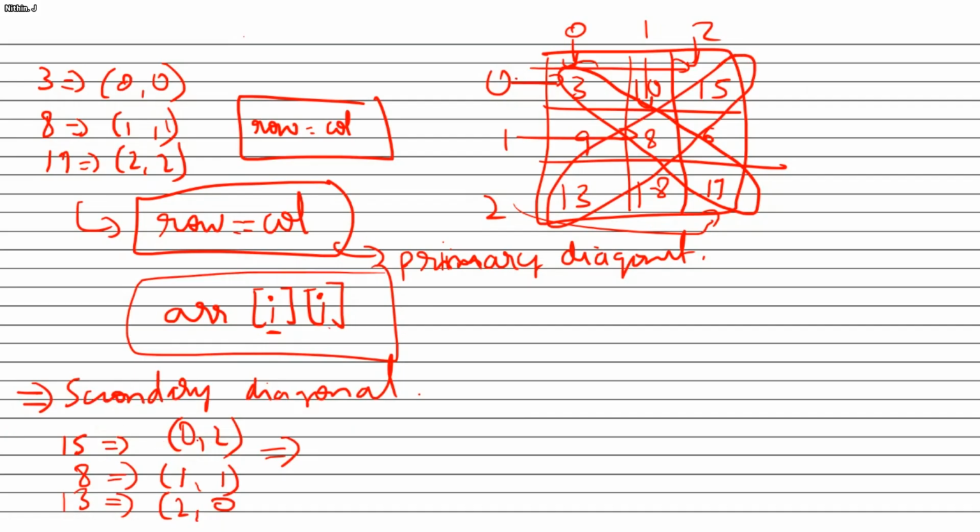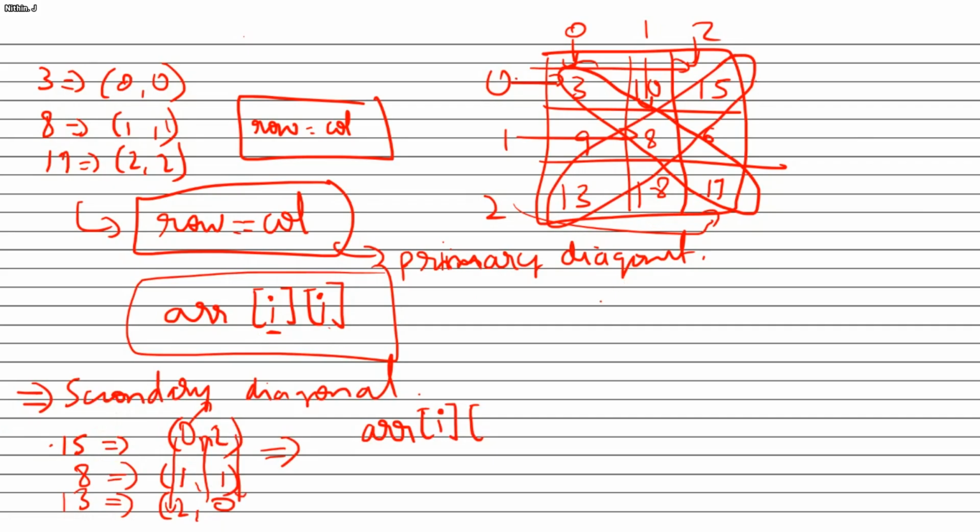So basically, as we go from 15 to 13, we see that the row is increasing and the column is decreasing. Now, if I want to represent this in more generalized terms, I can write it like this. Let's keep this increasing pattern as I, that is, we'll take the row as I. And how can I represent the decreasing pattern in the columns?